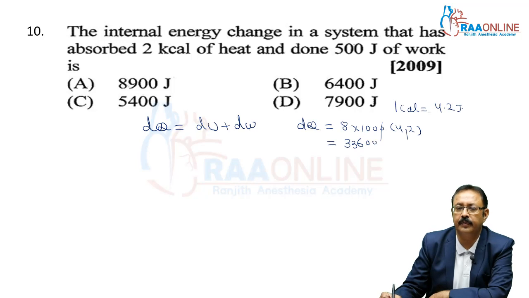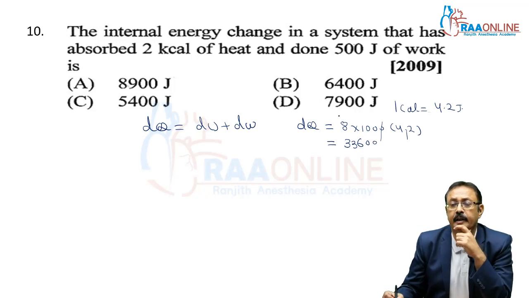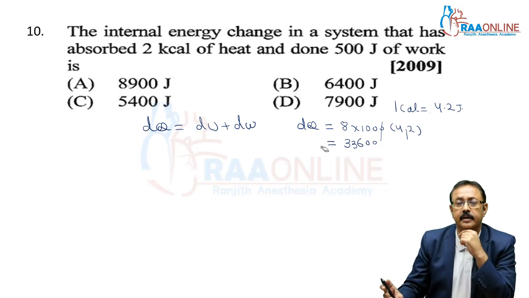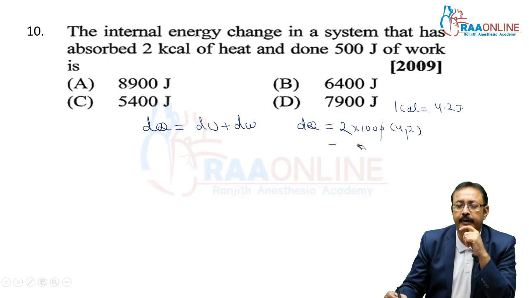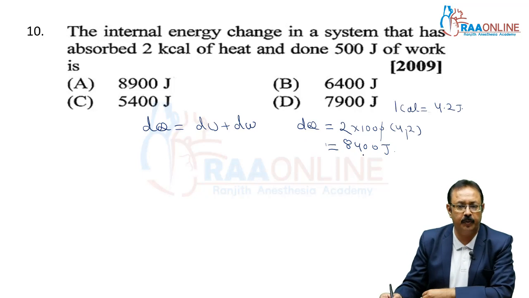They are saying 2 kilocalories of heat. It is 2 kilocalorie, not 8. So 2 into kilo means 1000 and 4.2 joule, we get 8400 joule. So dq was 8400 joule.